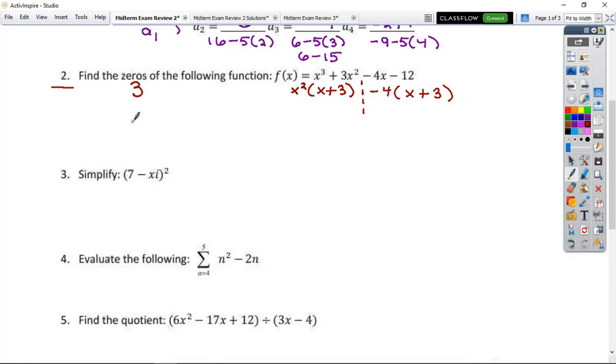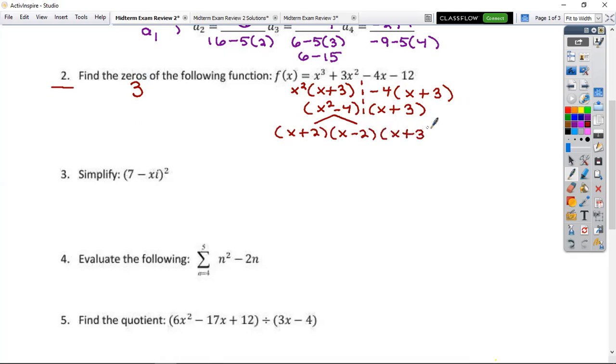Yep, use that information to kind of help yourself. So I'm going to rewrite this as x squared minus 4 gets multiplied by x plus 3. And what do we have to do with x squared minus 4? Dots, yep. Good, so x plus 2, x minus 2, x plus 3.